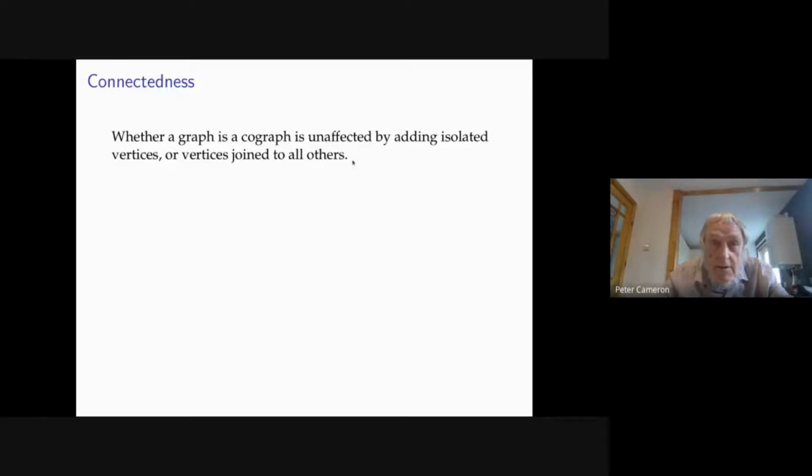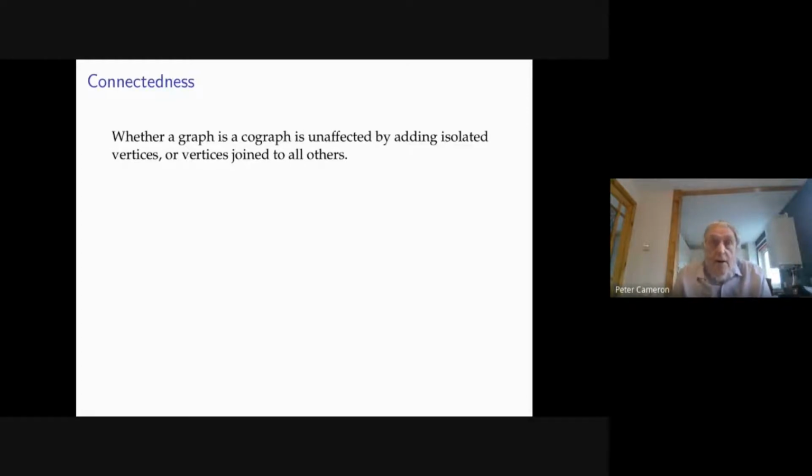So the first thing is, it was perhaps a little bit disappointing at first, but this is a question about connectedness. Now, first let me remark that the graphs in the hierarchy might have isolated vertices, or they might have vertices joined to all others. For example, we saw that if you take the commuting graph, then elements of the center are joined to everything else in the whole group.